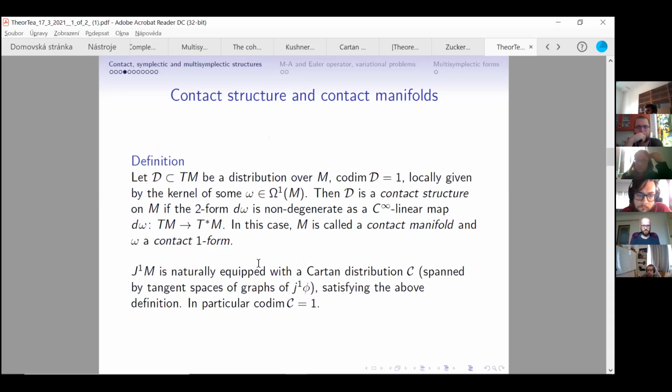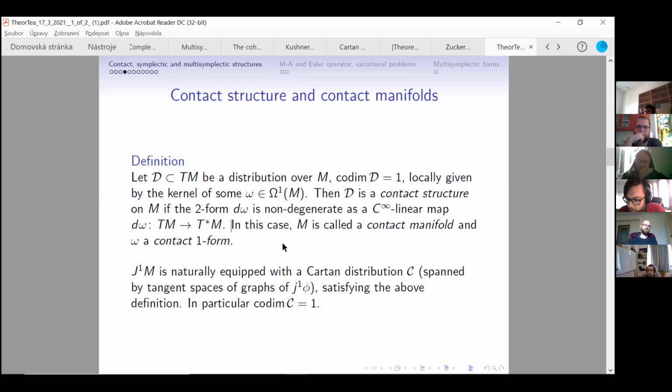And the distribution is such that its codimension is 1, meaning the dimension is 1 less than the dimension of the tangent bundle. And essentially, what is expressed by this is that the distribution is completely non-integrable.